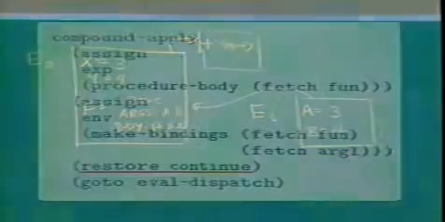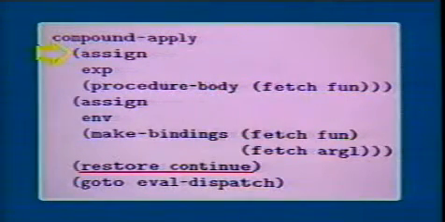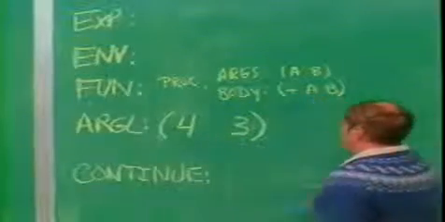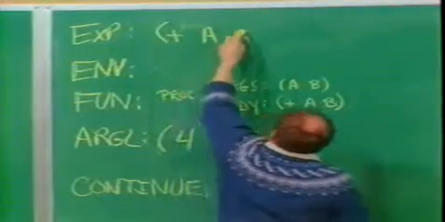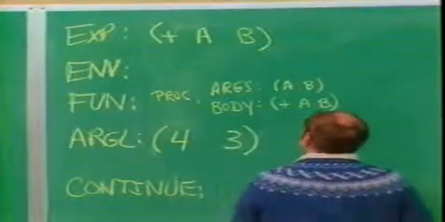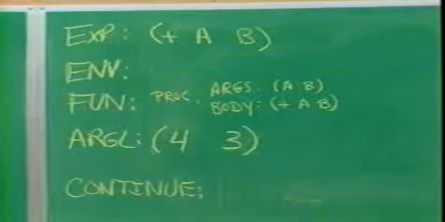But here we are at compound apply, which says assign to the expression register the body of the procedure that's in the function register. So I assign to the expression register the procedure body. Okay.